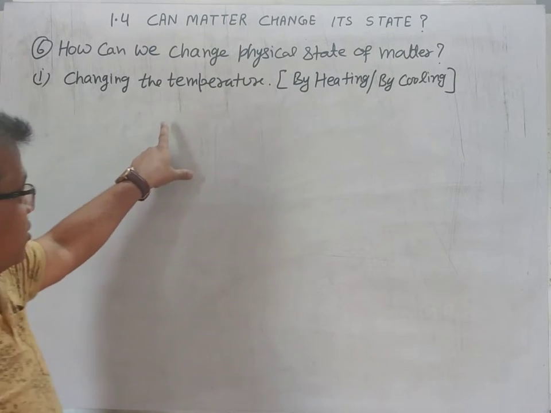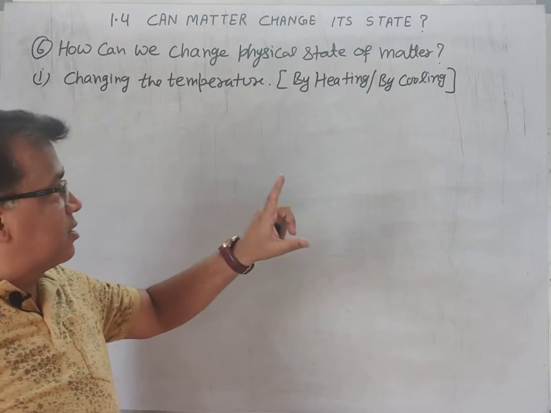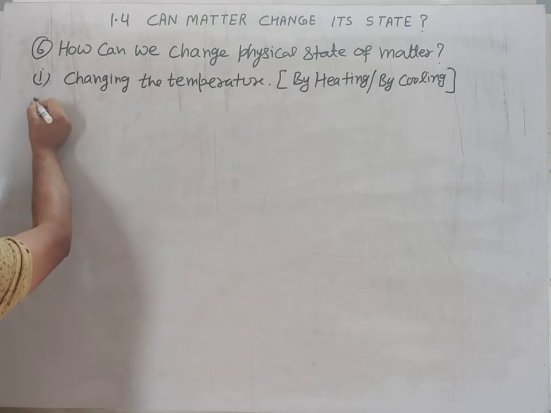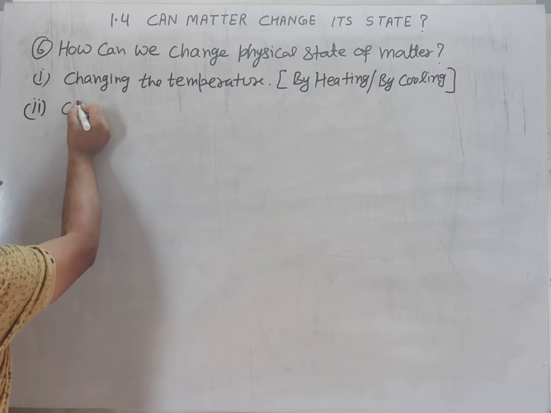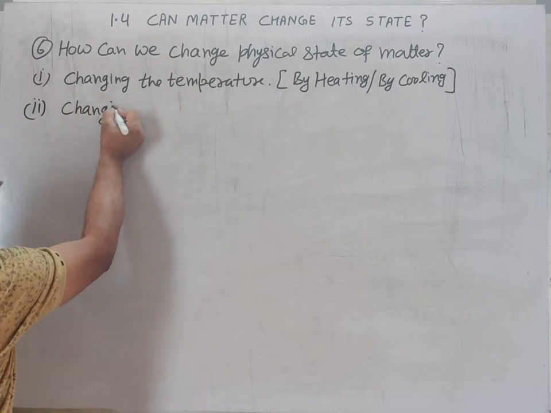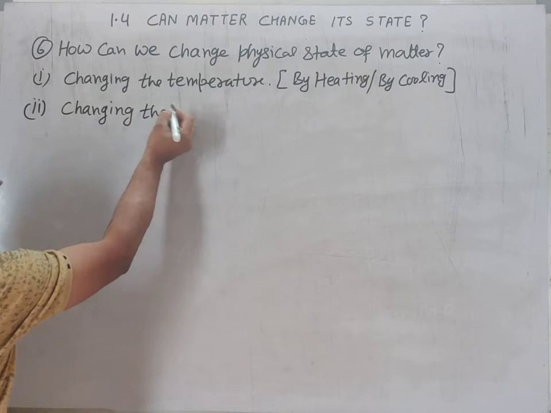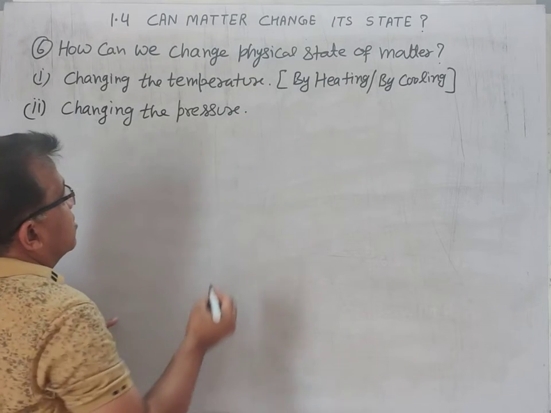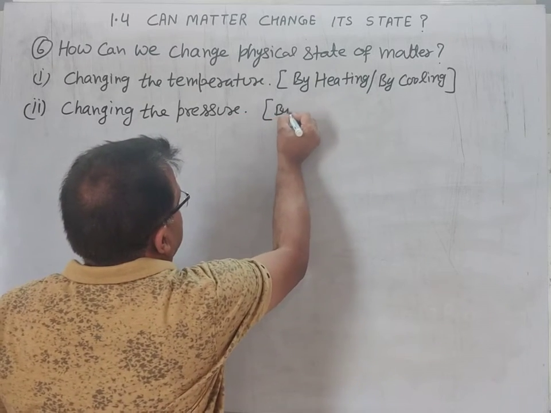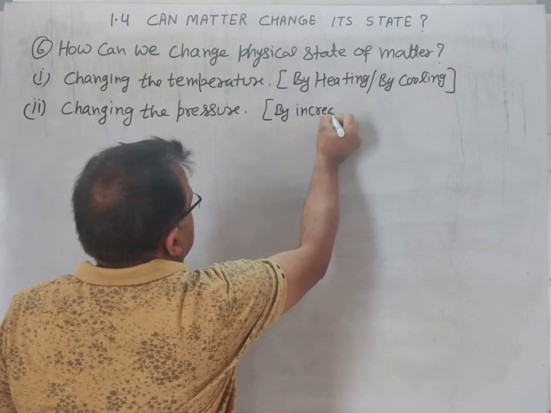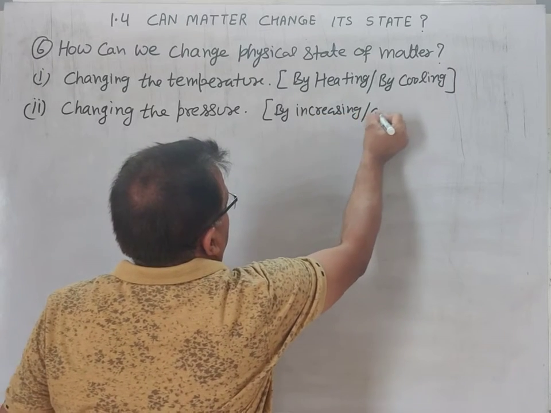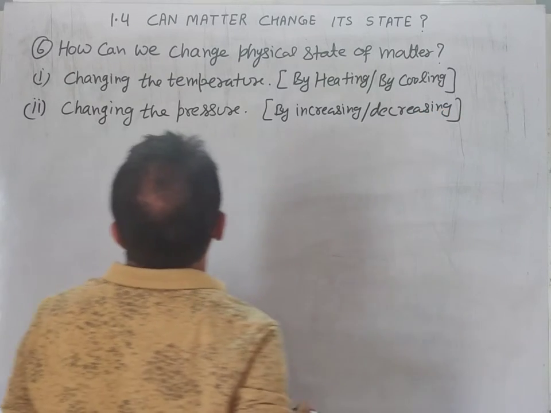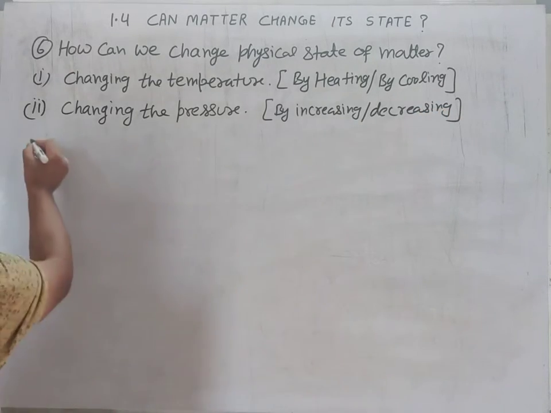We can change physical state of matter by changing temperature, that is either heating the substance or cooling the substance, or by changing the pressure, that is by increasing or by decreasing the pressure.